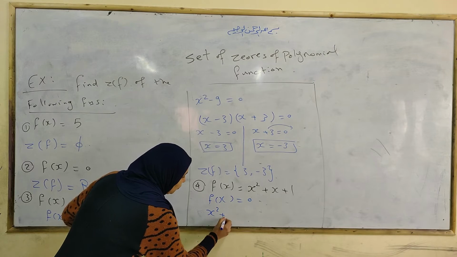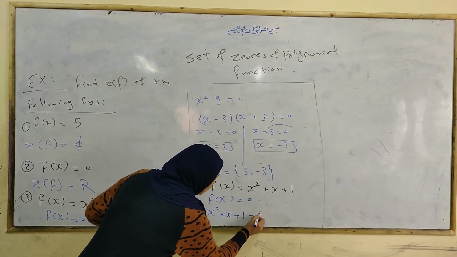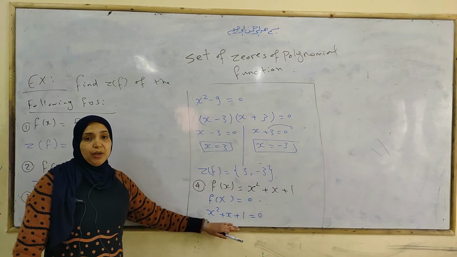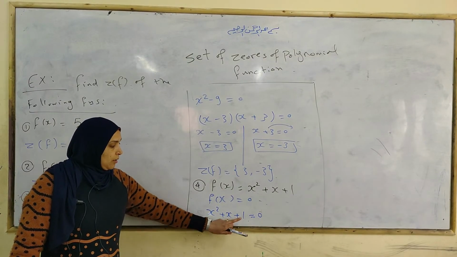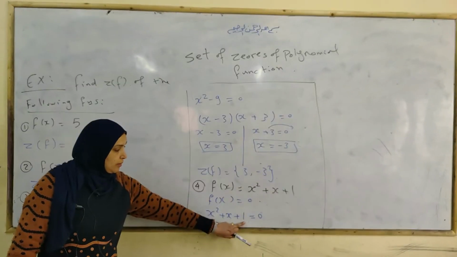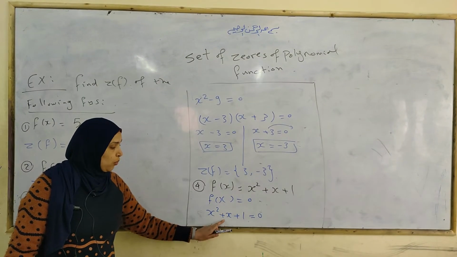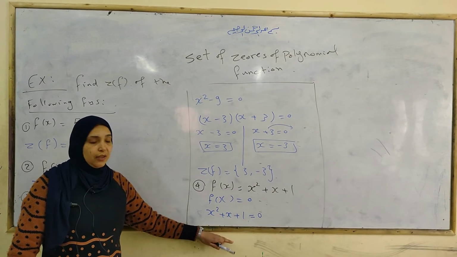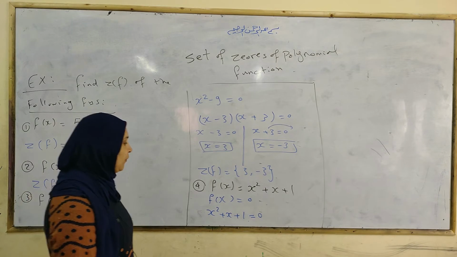Therefore, x power 2 plus x plus 1 equals 0. This function is a trinomial. The third term is 1. What are the factors of 1 whose sum is also 1? 1 times 1 equals 1. So this trinomial cannot be factorized.